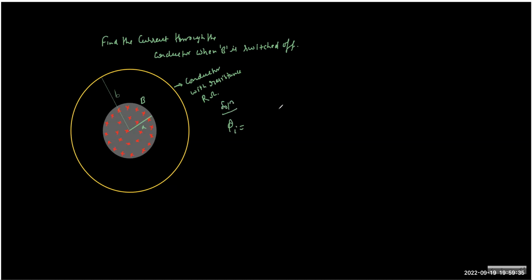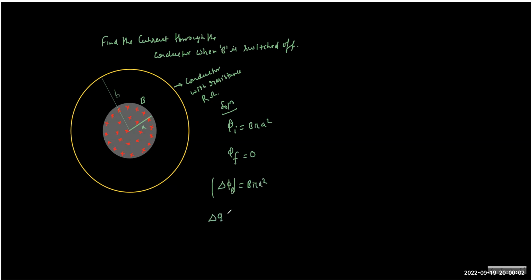Tell me. B pi A square. So the final will be how much? The B is switched off, so it's 0. Excellent. So we can say that delta phi, value wise, is B into pi A square.